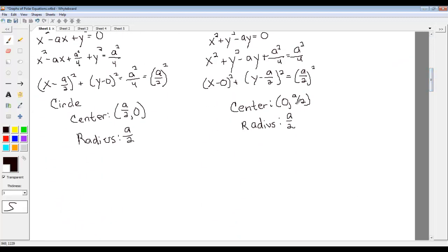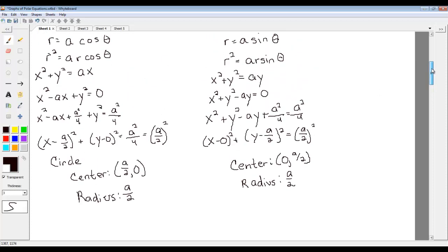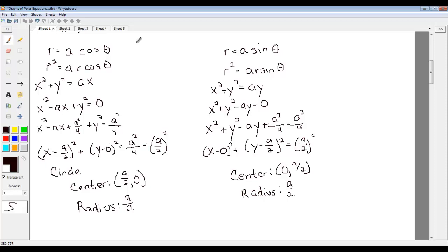And that's this formula here. Pretty neat, huh? So graphically, r equals a cosine theta, you would see that circle along the x-axis essentially. Diameter of a. And then r equals a sine theta. You can see that circle essentially along that y-axis. Diameter again is a.